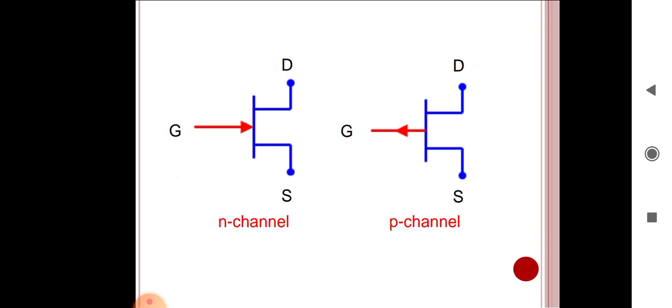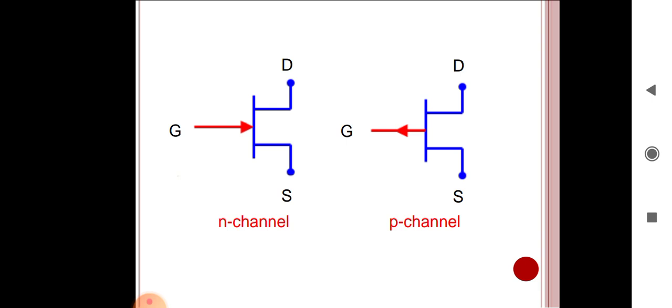There are three terminals: drain, gate and source. If the arrow points inside, it is N channel. If the arrow points outside, it is P channel. So these are the symbols of JFET.